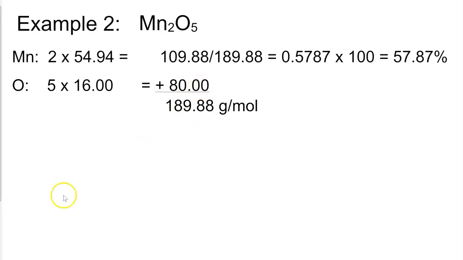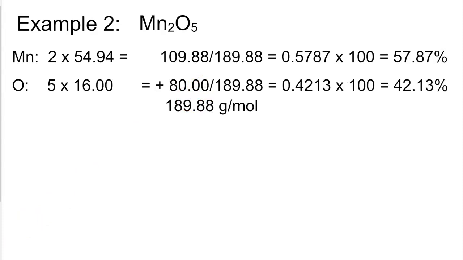My other part, 80 divided by the whole, 189.88, gets me 0.4213, times 100 gets me 42.13. Again, you need to show everything except the part where we're taking 0.5787 times 100 and 0.4213 times 100. You can skip that part in the middle when you do your practice. In the notes, I would encourage you to write it down. So for this example, write that down.